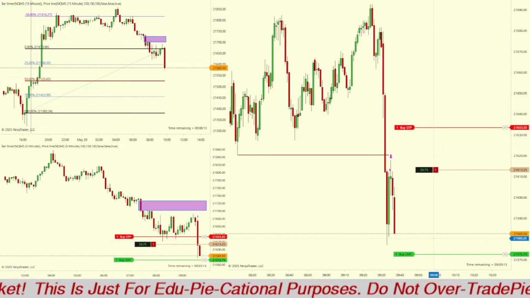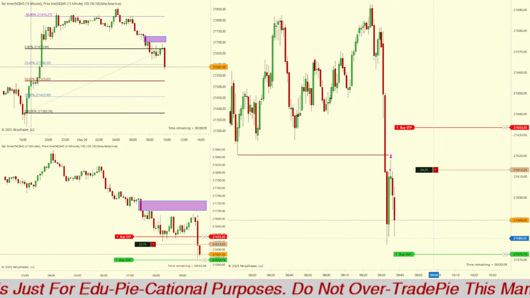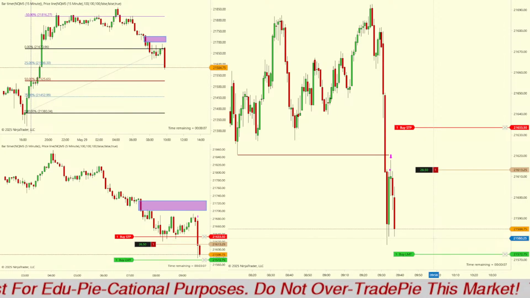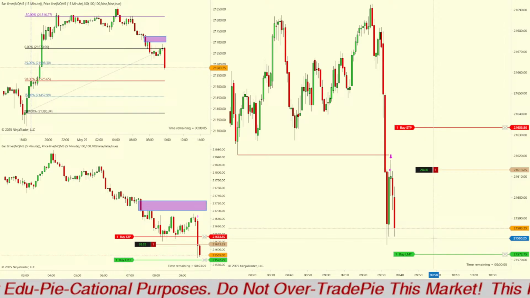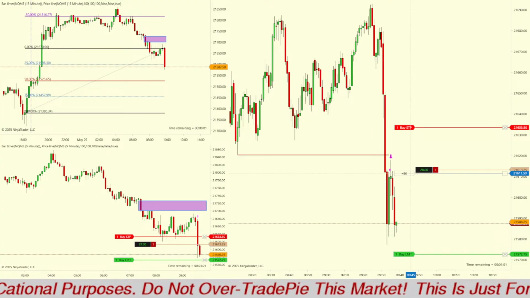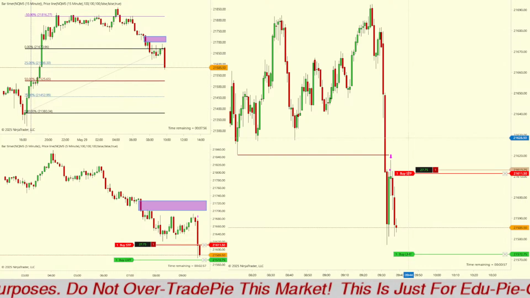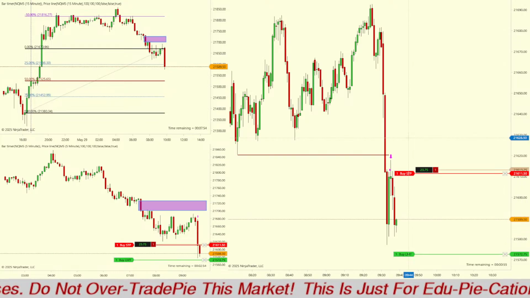Going for 30 handles. Now I'm moving my stop loss to break even over here in order to keep myself safe.